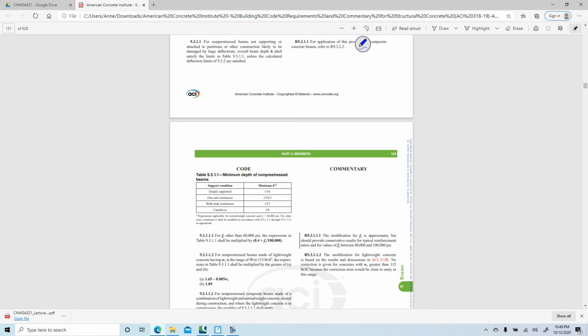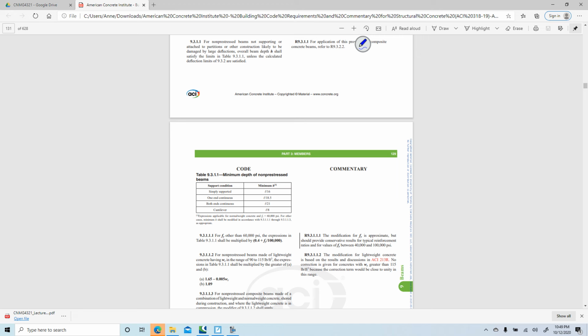This is dependent on if it's simply supported, one end continuous, both ends continuous. So that would be simply supported, right? One end continuous, right? Or both ends continuous. And we're only looking at this span right here in the middle. Or a cantilever.